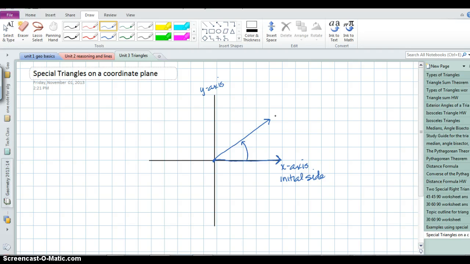So now your angle has direction, if you will. All angles start at 0 degrees on the initial side, where both of the rays are sitting on the initial side. Then you're picking up one of the rays and lifting it off that initial side until you create your angle. And that second ray that you've created is called the terminal side.